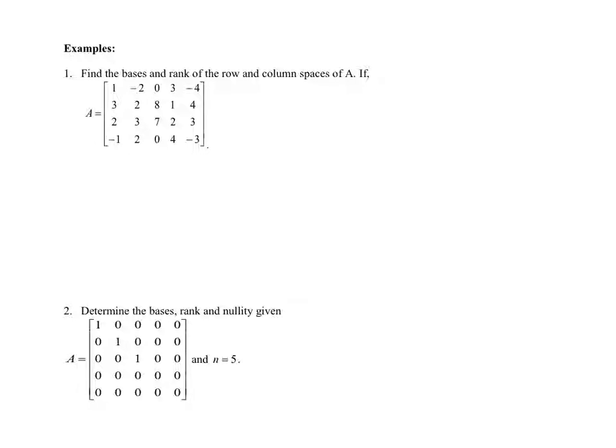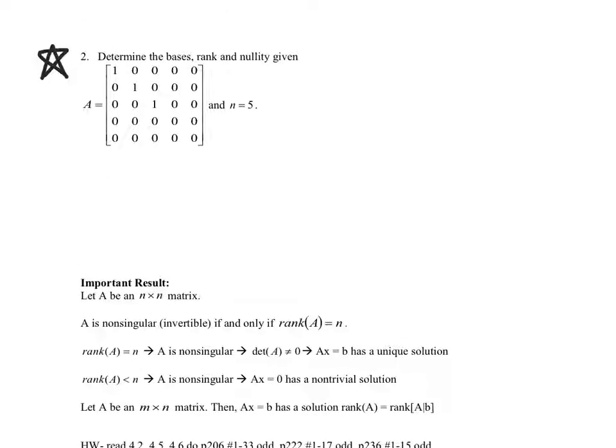Give them all to me, all right? So I want to find the vectors that make up the basis of this matrix, also known as bases, and the rank of the row and column spaces for A, given that matrix. So it's basically just taking everything that we've been covering and putting it all together. With that in mind, you get a nice juicy star for each one of those bad boys.